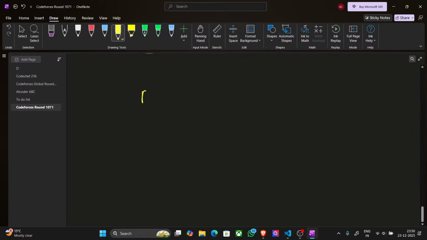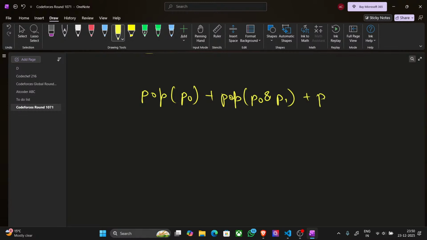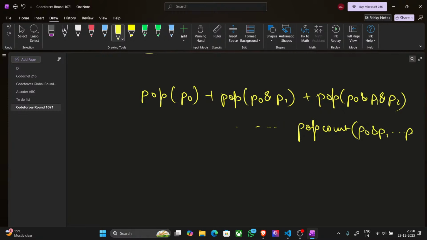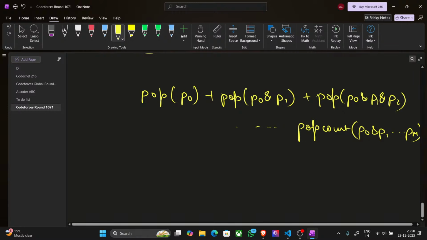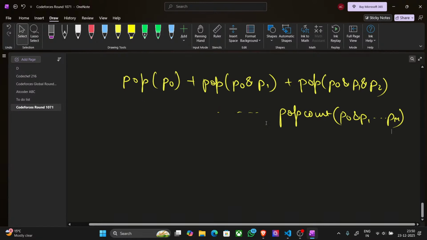You just need to do pop count of p0 plus pop count of p0 and p1 plus pop count of p0 and p1 and p2, up to pop count of p0 and p1 up to pm. Okay, clear? Yeah, I'm explaining with the test case now.